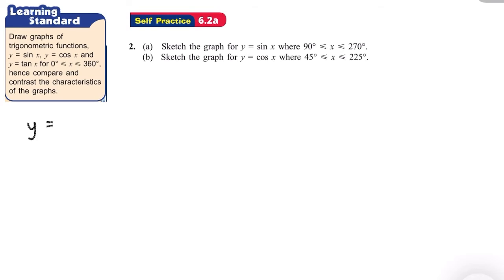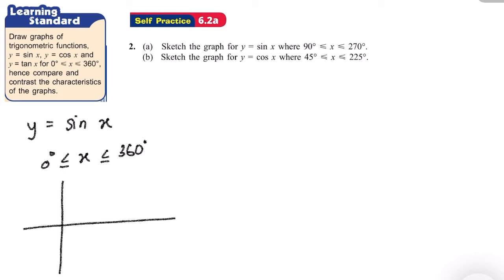Okay, we draw y equals to sin x first, where x is more than 0 degree and less than or equal to 360 degree. So we start from zero. This is the maximum value, this is the minimum value, this is our midpoint, and here is our last point.